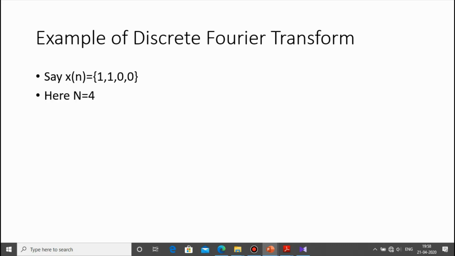Here the length of the sequence N is equal to 4, and the equation of X[k] we can write as summation n equal to 0 to 3, as N is equal to 4 so N minus 1 is equal to 3, x[n] W4 to the power kn, and k starting from 0 to 1, 2, 3.